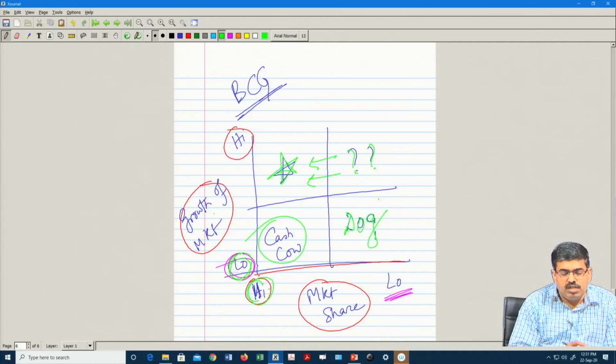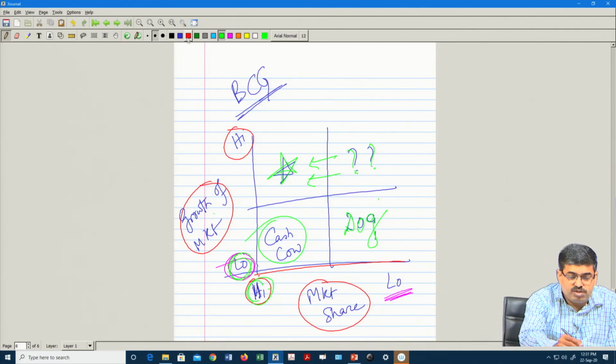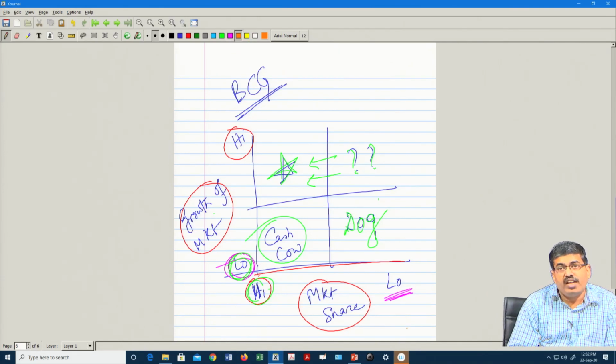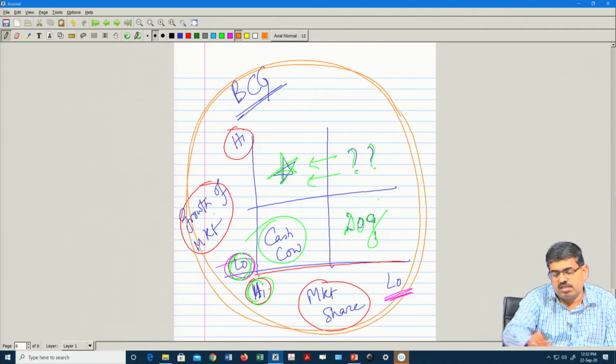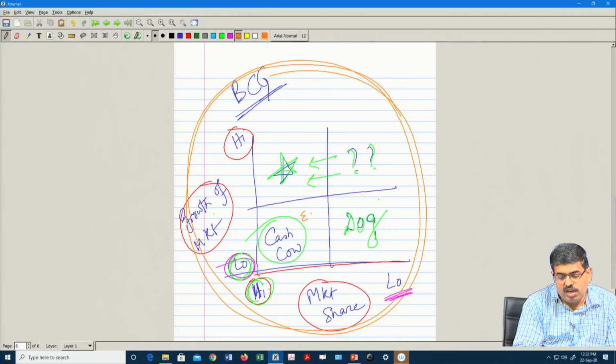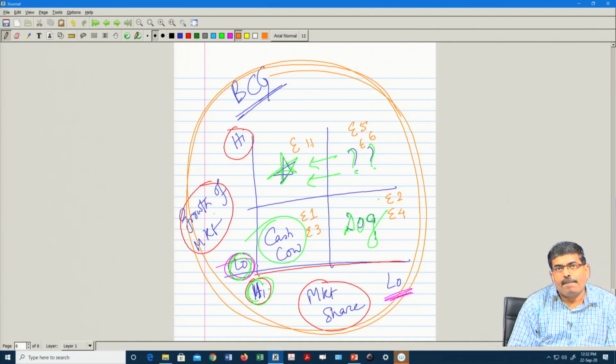What is the idea? The idea is you can put your entire employee patterns, employee selection, deployment, promotion, everything in this type of a matrix, and you can just put in which employee is here, which employee is there. Clear?